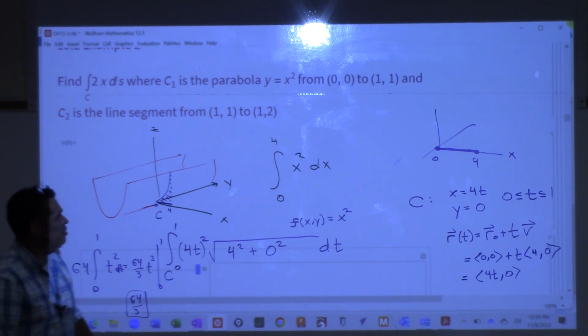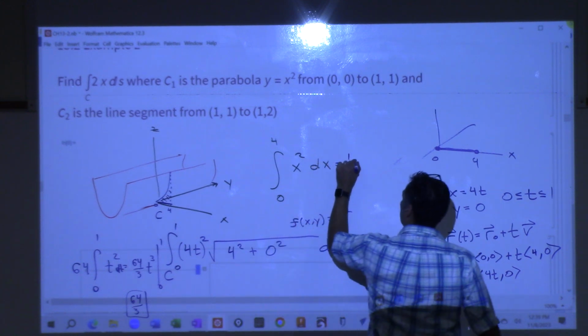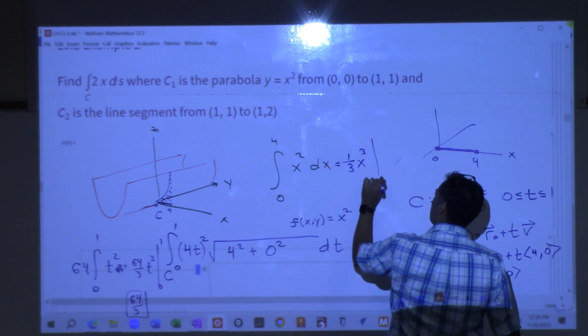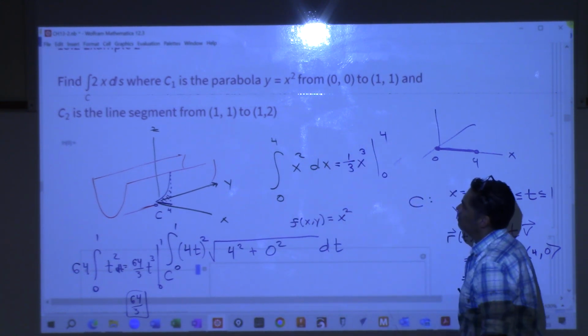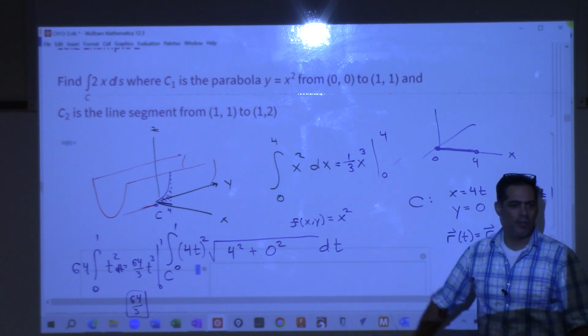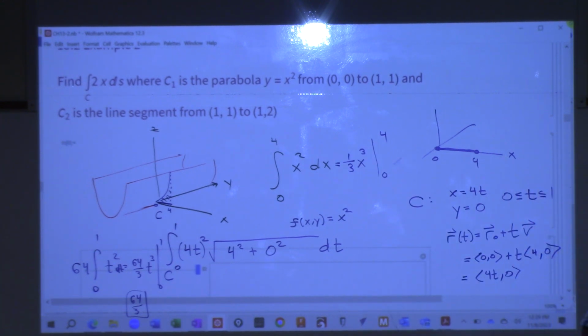Now let's do it the Cal 2 way. The answer was 1/3 x cubed, 0 to 4. And you get 64 thirds. So the point is that line integrals that we're doing now are an extension of what you did in Cal 2.